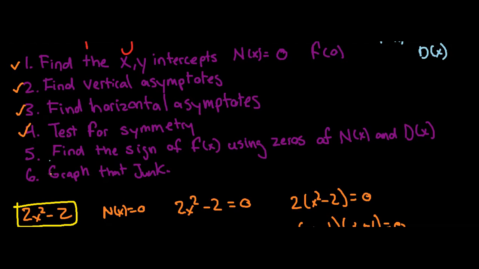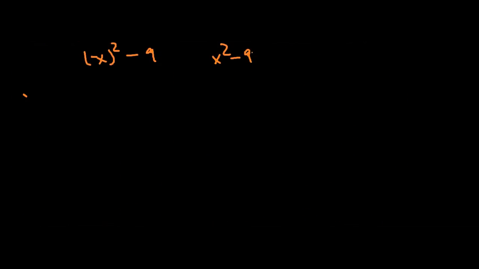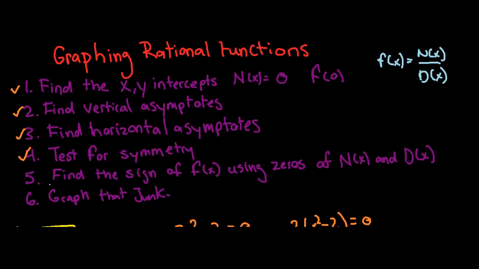Now we need to find the sign of f of x using zeros of n of x and d of x. Let me explain what that means. I'm going to make a sort of chart and write all of my zeros on here.